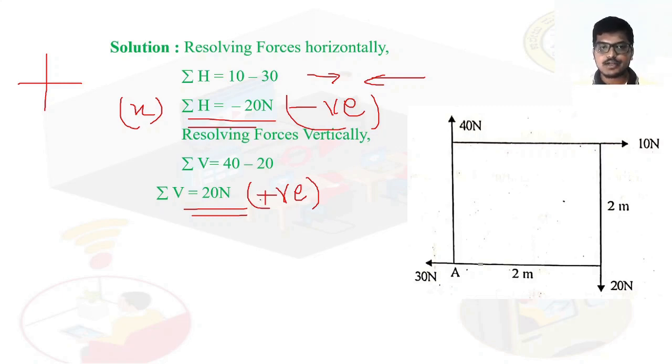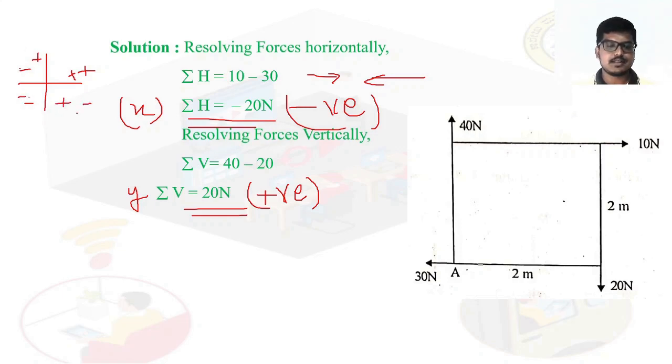So 20 is vertical, that is y. Y term is positive, X term is negative. Here we get positive, positive. Here negative and positive. This is x, this is y. Here both are negative. Here positive, negative.